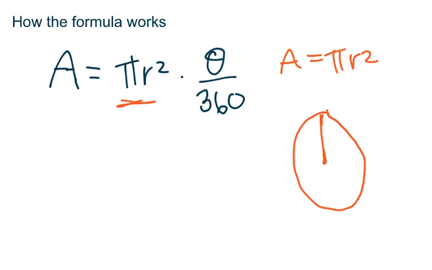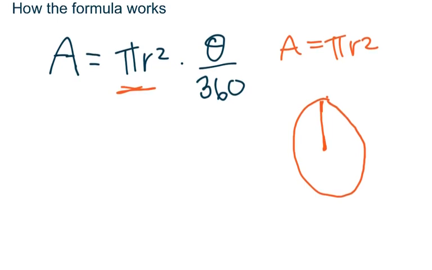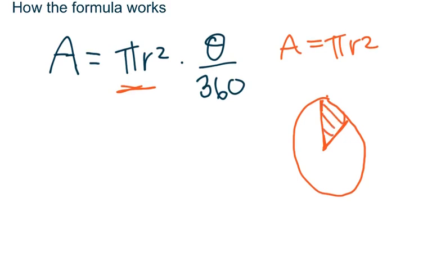We're squaring it, and then multiplying it by pi. Pretty easy. But when we're trying to find the area of a sector, something like this, now we're multiplying it by a ratio of the number of degrees within the sector by the total number of degrees, or radians, we can also do it with radians, of the entire circle.